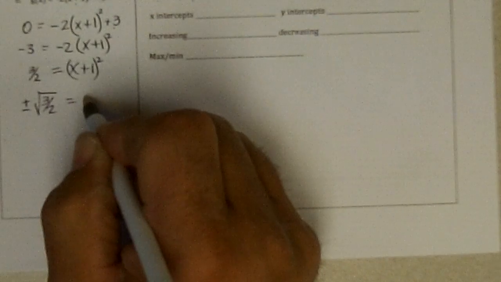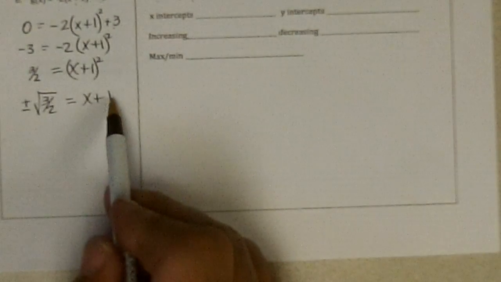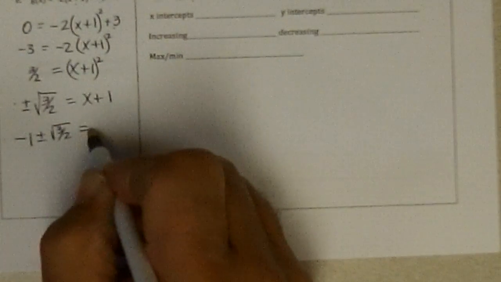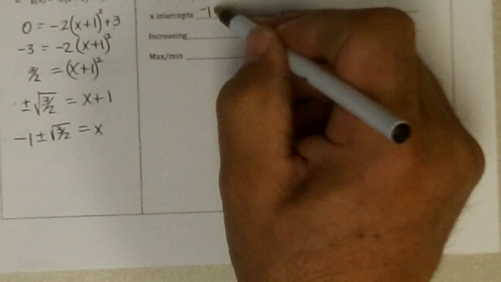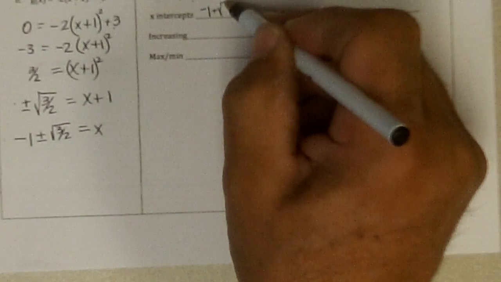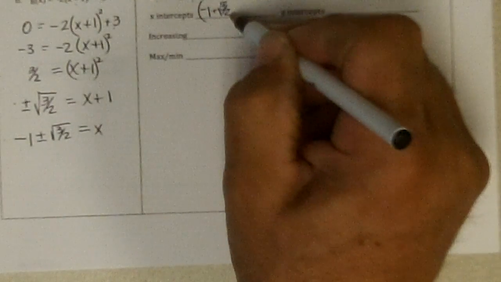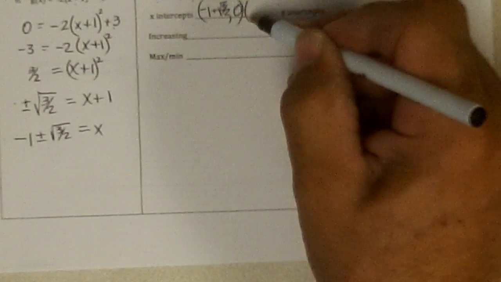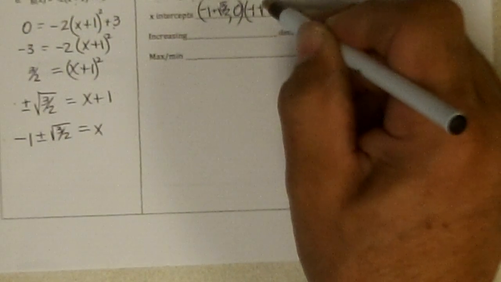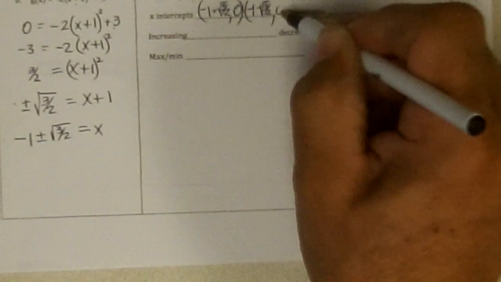Take the square root of both sides, we get plus or minus square root of 3 halves equals x plus 1. We add negative 1 to both sides. And we have our x-intercepts. Negative 1 plus square root of 3 halves, 0. And negative 1 minus the square root of 3 halves, 0.